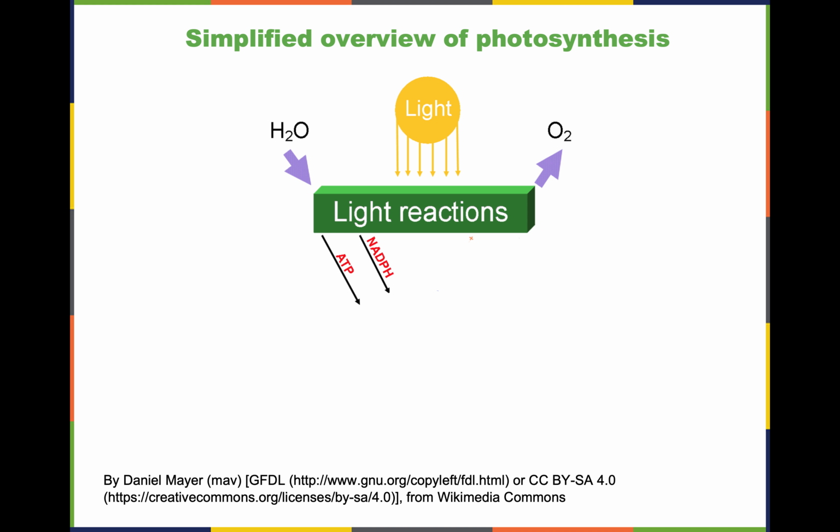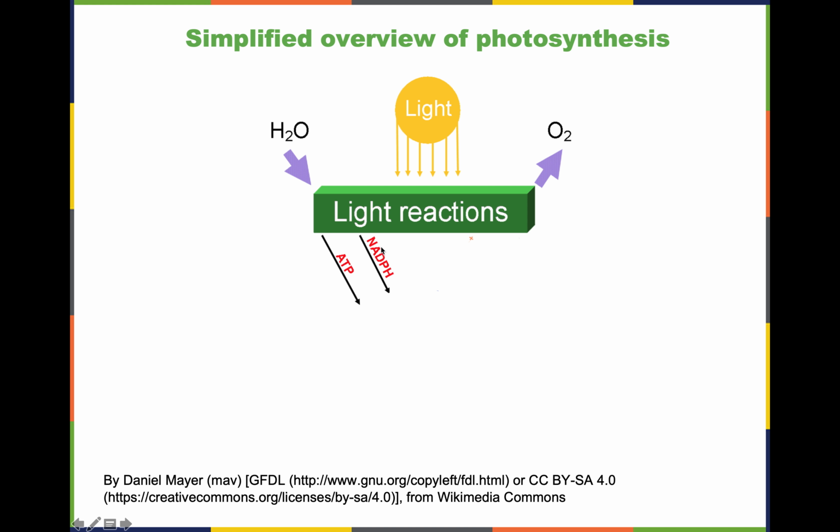That's when the energy of light is harvested. This is green, and this is where, on those membranes that I mentioned, light is being absorbed, water goes in, oxygen goes out, but you also create ATP in this step and an NADPH.